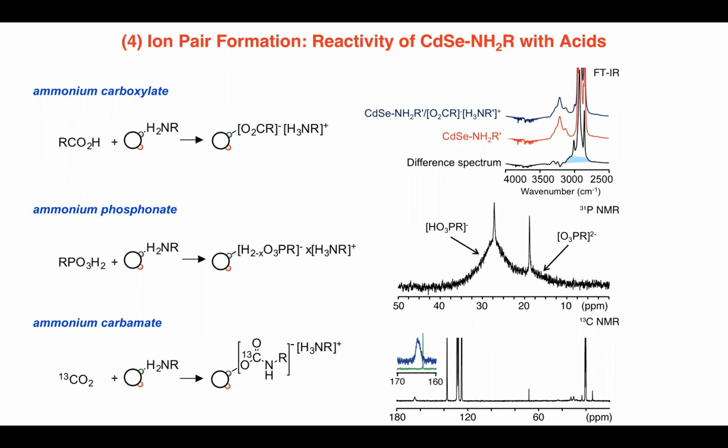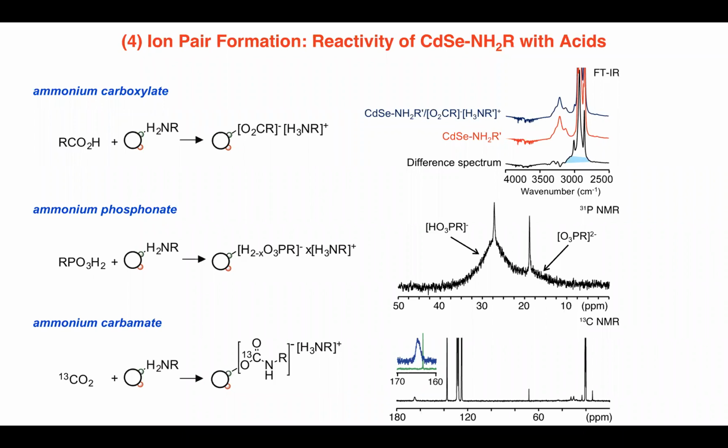And in our case, the difference between this ammonium carboxylate and just the amine bound sample alone is really just that little, basically it's a shoulder here between 3,200 and 3,000 wave numbers, which is highlighted in blue. Okay, so that is the ammonium ion vibration.